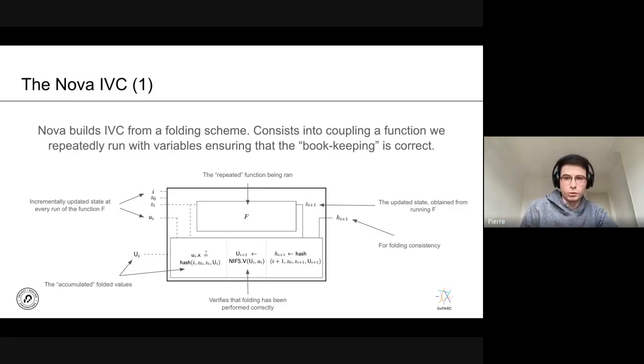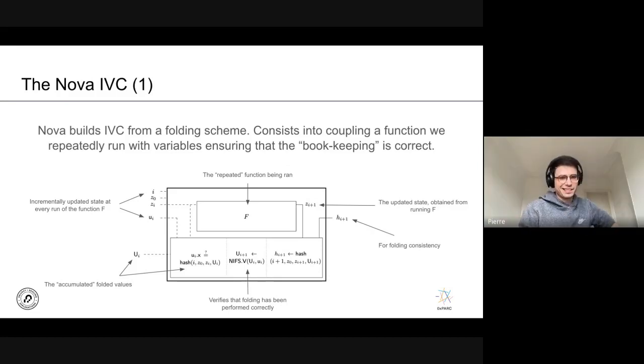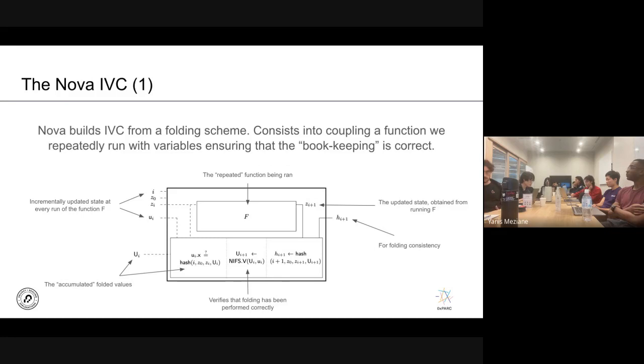Any other question? Sorry, may I also ask a theoretical question? Yes. So my understanding of the folding scheme is that it first defines the protocol as an interactive protocol, and it is converted into a non-interactive protocol using a Fiat-Shamir transform, right?